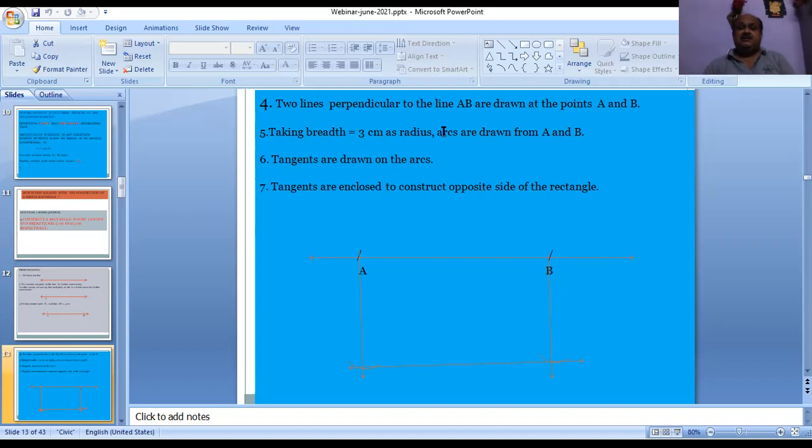Taking the breadth 3 centimeter as radius, arcs are drawn from A and B. Similarly, in Huygens construction, taking ct as radius, we have drawn arcs from different points. Tangents are drawn on the arcs. Here, I have enclosed both tangents, which gives the opposite sides of the rectangle. Similarly, tangents are enclosed in Huygens construction also, which gives the position of the secondary wavefront.